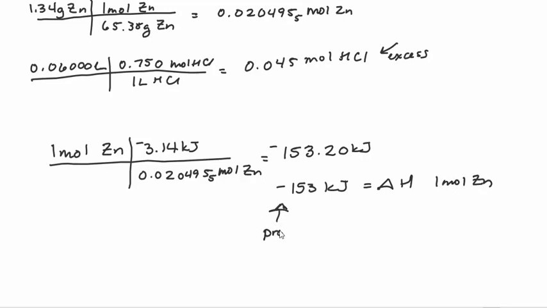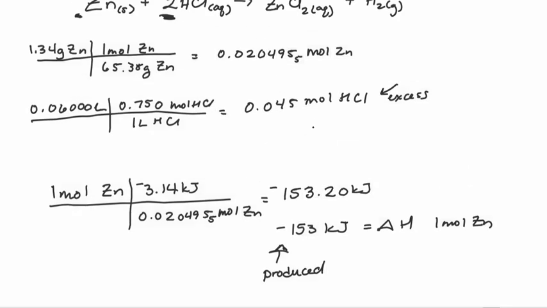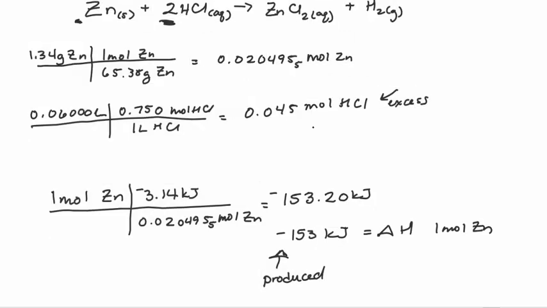Now when working with enthalpy, we can get specific. And we have a term called the standard enthalpy of combustion. So the standard enthalpy of combustion is abbreviated delta H 0 with a C. The C indicates combustion.